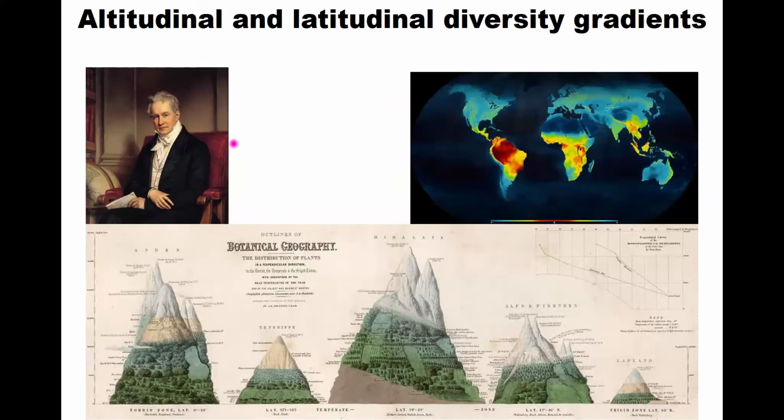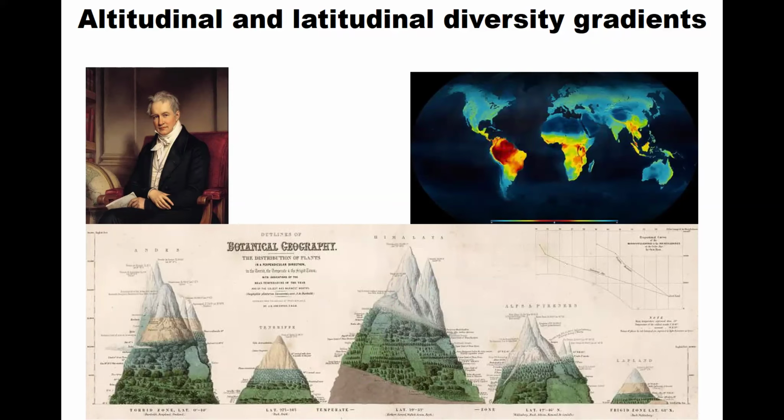This goes back to Alexander von Humboldt, who was the first biologist who recognized that mountains are like small-scale gradients similar to the latitudinal gradients that we see on the global scale. You probably know that the highest diversity of organisms is situated in the tropics, where we have the tropical moist forests, especially in South America.